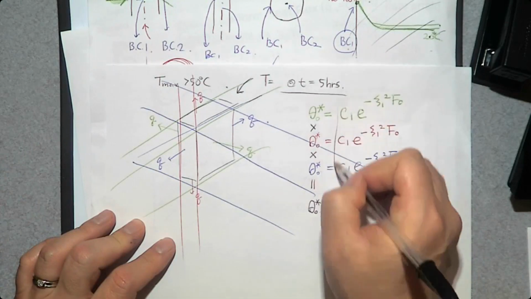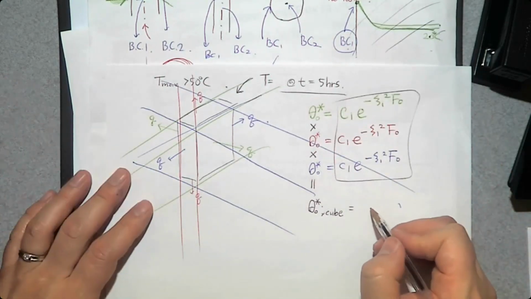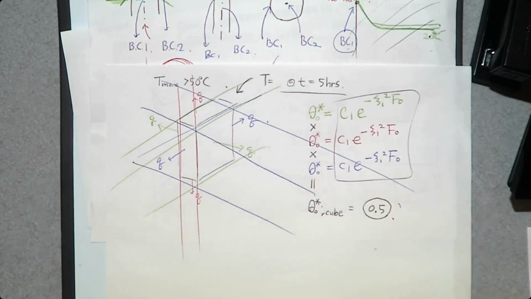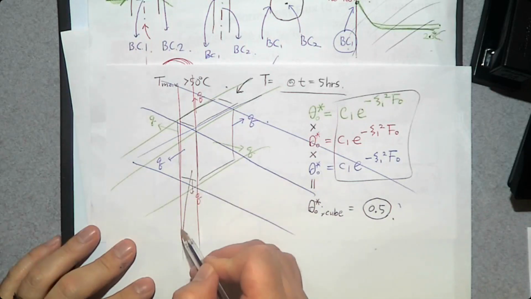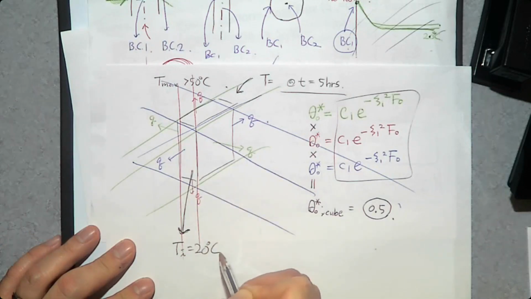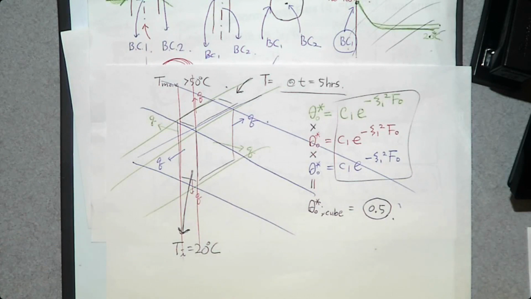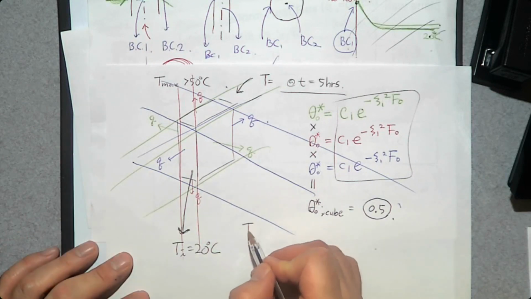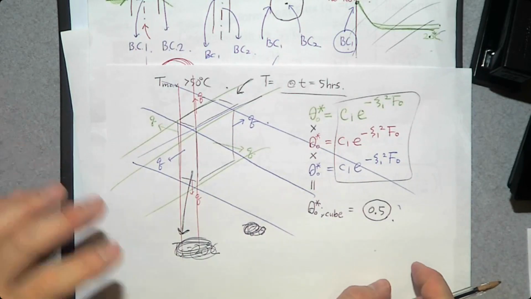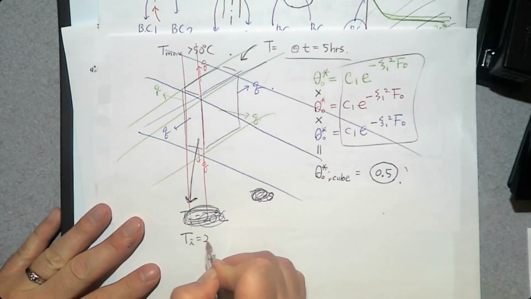So if you calculate these 3, and let's say that you got maybe 0.5, then let's assume that the initial temperature, by the time when we start watching YouTube, is 20 degrees Celsius. The surrounding temperature T infinity, so there's a heat generation. So the initial temperature is 20 degrees Celsius.